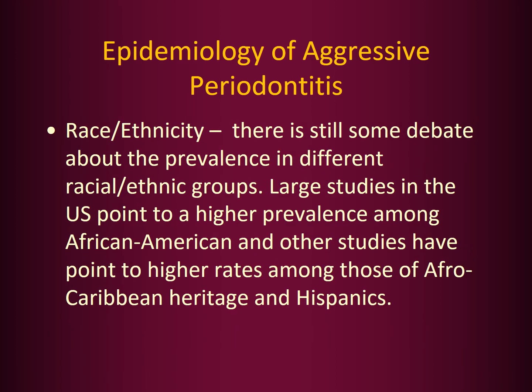Now, race and ethnicity has been a contentious issue, and there's some debate about the prevalence in different racial and ethnic groups. Large studies in the U.S. have shown African Americans to be the group that has the highest prevalence of the disease, and other studies have shown higher rates among Afro-Caribbean individuals, as well as Hispanics.